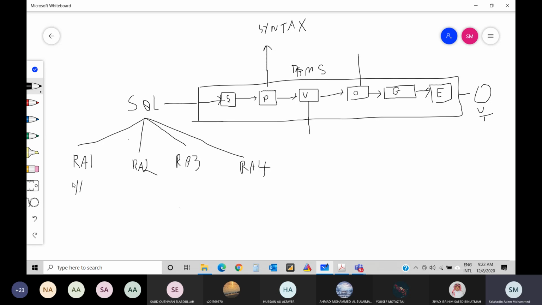I think we had projection, right? And we had selection and 2 joins. Is this clear, guys? Okay. If you keep quiet it means it's clear, okay? Hopefully. So that's what happens.